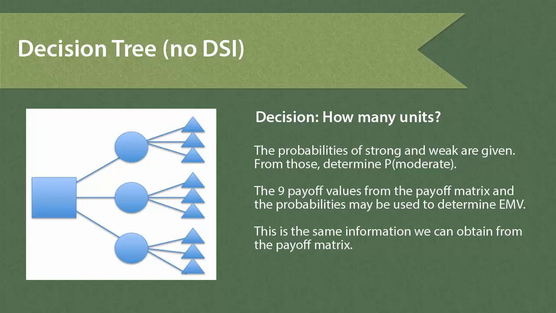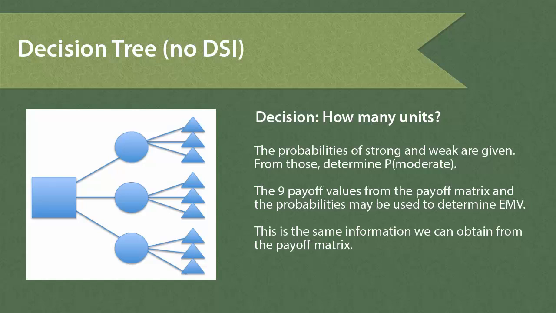So once again, if we begin with our decision node, we can go to either 100,000, 75,000, or 50,000 units. If we go to either of those, there's a chance of a strong, moderate, or weak economy.